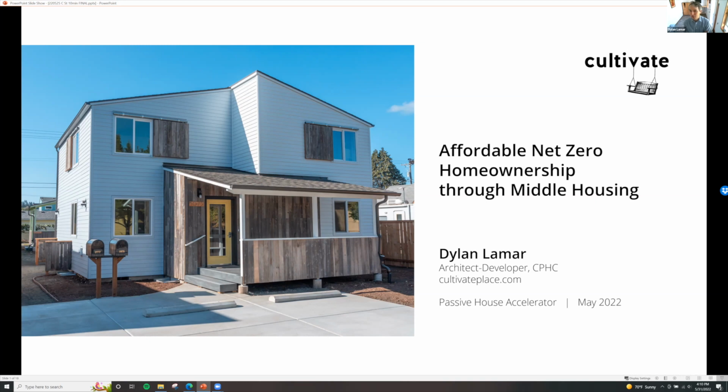I'm going to talk just very briefly about some of the work I've done lately. So I was with Green Hammer as an architect up in Portland for 8 years, moved down to Eugene maybe 3-4 years ago now, and transitioned from focusing solely on passive house, middle housing scale work, including single family work, and moved more into the role of developer to try and create more affordable, sustainable developments.